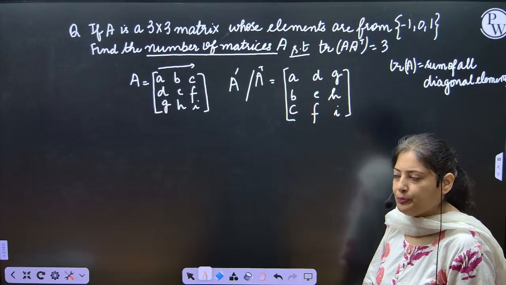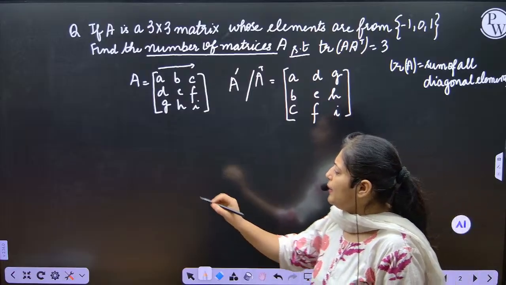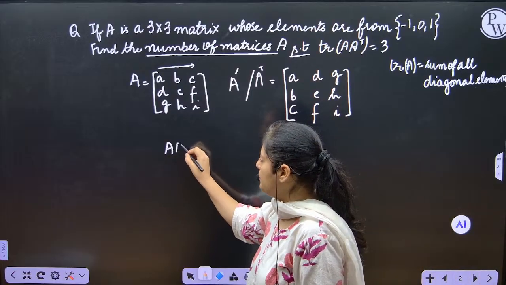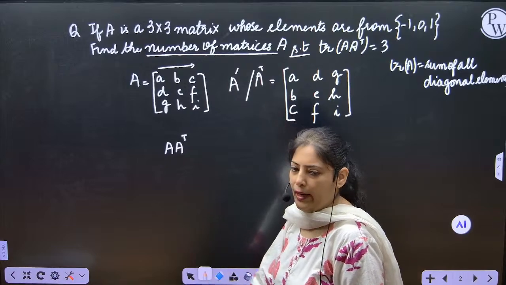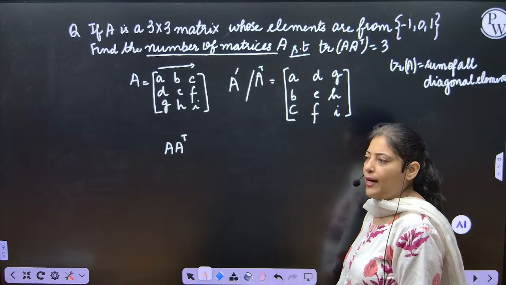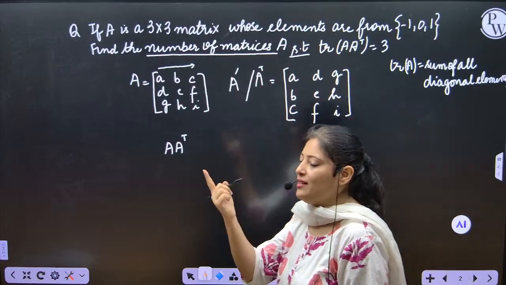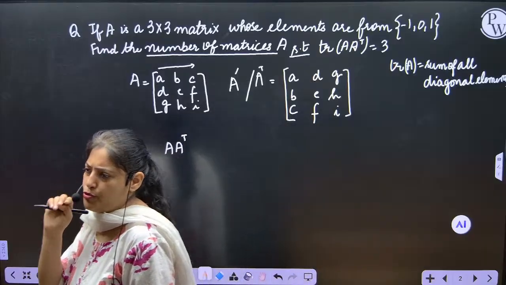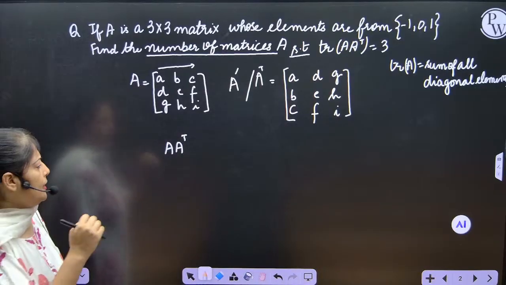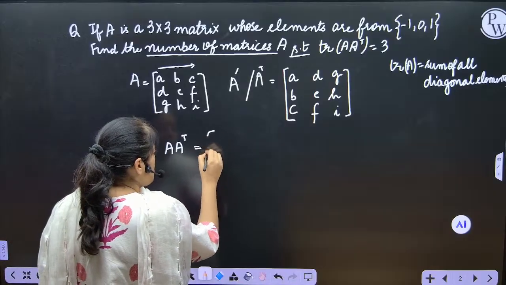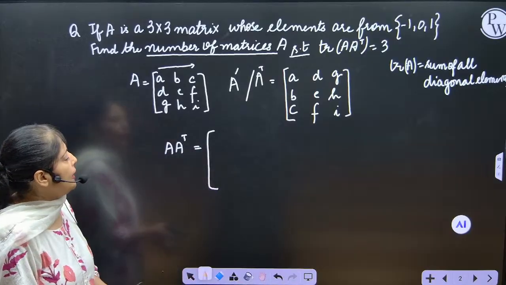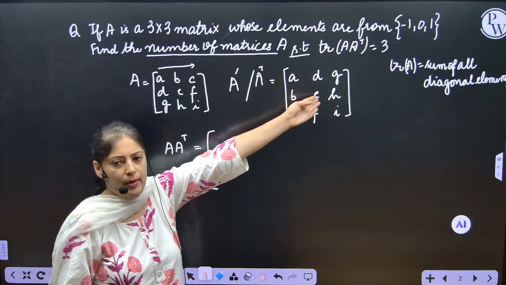Now one property is there in A into A transpose that you can use as a result anywhere. What is that result? Now I am multiplying this matrix with its transpose.